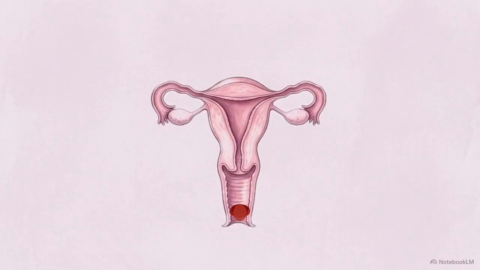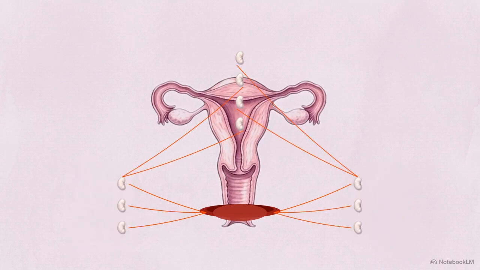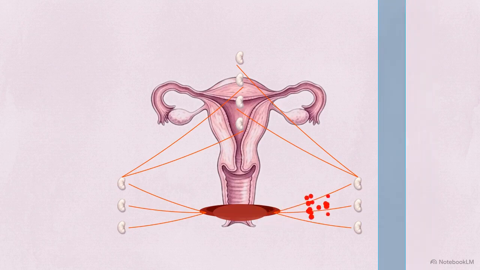Left unchecked, CSCC follows a predictable anatomical progression, migrating from localized carcinoma laterally into the parametrium. From there, the tumor initiates lymphatic migration, infiltrating pelvic and para-aortic lymph nodes. Finally, the disease utilizes hematogenous spread, entering the bloodstream to reach distant organs.